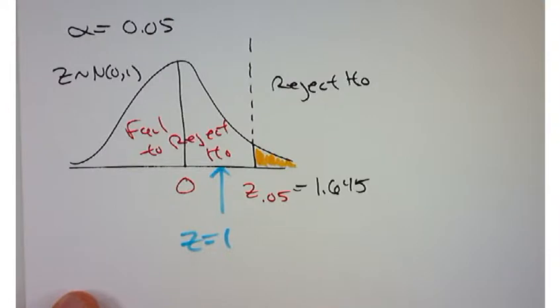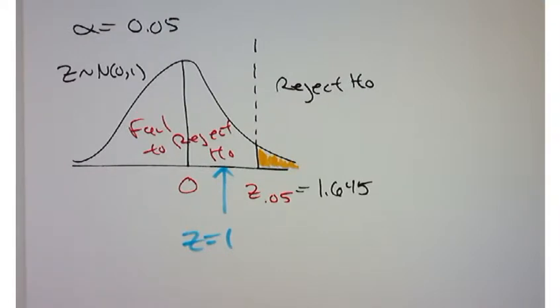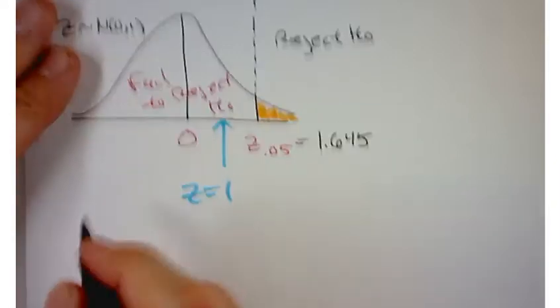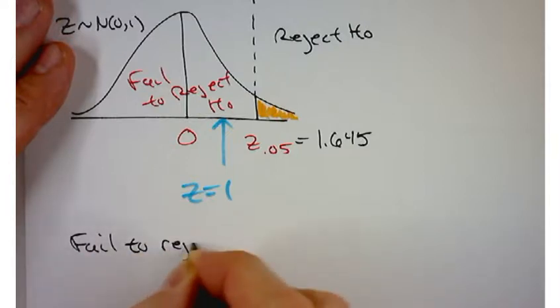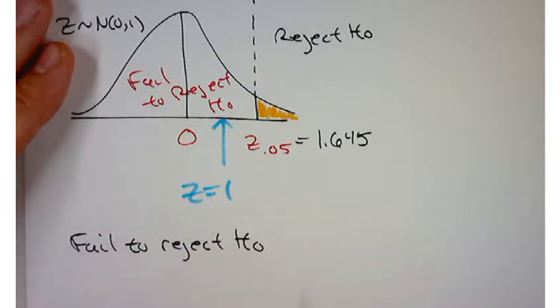So what kind of a decision are you making based on your test statistic? Are you going to fail to reject or reject the null hypothesis? Fail to reject. So, fail to reject H0.